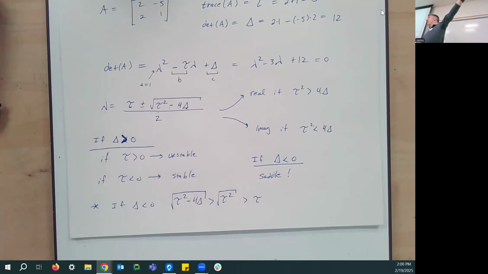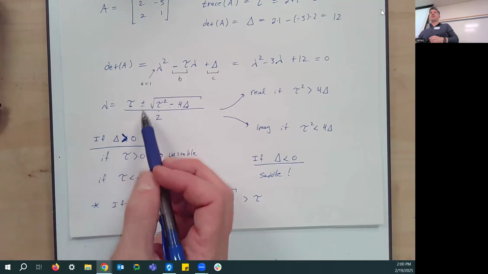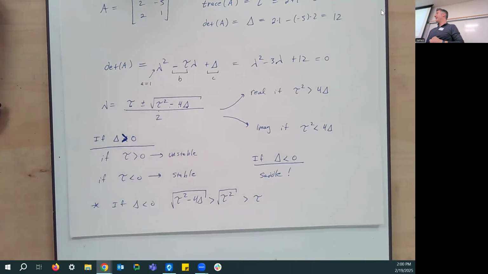If you take 3 and do plus or minus 4, you're going to get a positive thing and a negative thing. So if you have a number and you add and subtract something that is larger than it, you're always going to end up with one positive thing and one negative thing, which means we're going to have eigenvalues of opposite signs. It can't be imaginary. So we have to get a saddle.